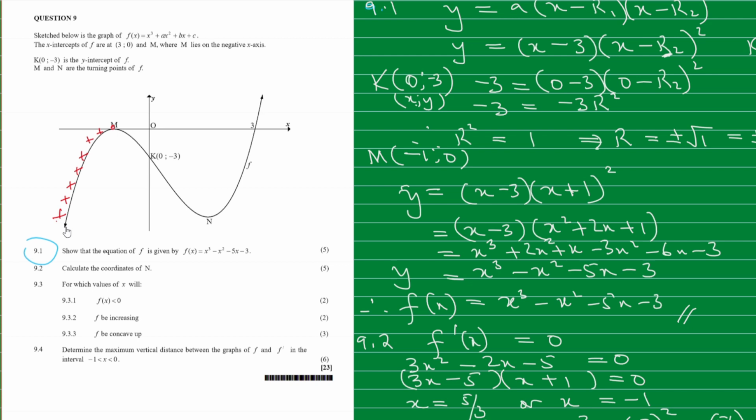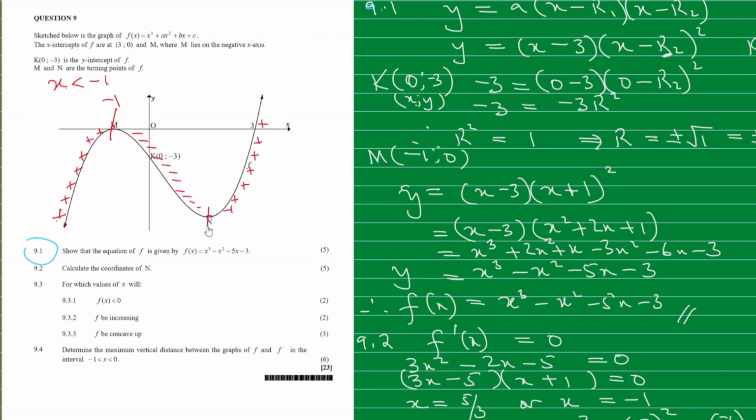Okay, so the implication is that it is increasing, but when it reaches m, it starts to decrease. Our gradient becomes negative, and then after the point n, it starts to increase again, positive. So where is our graph increasing? From -1 going to the left, which we can write as x less than -1.